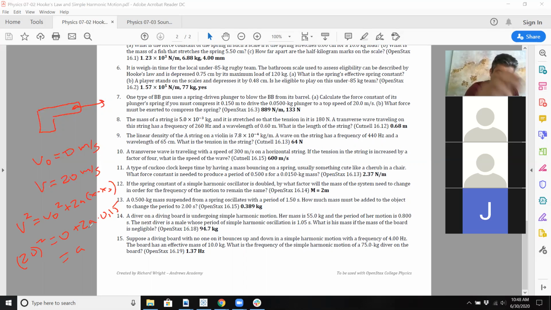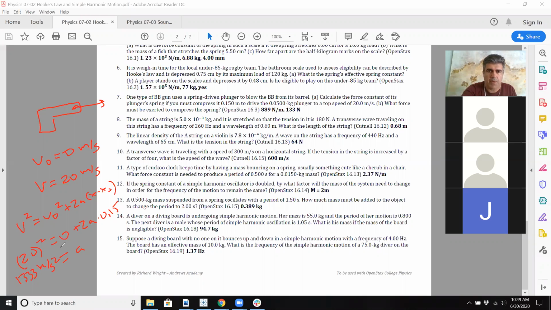So 20 squared is 20 times 20, which is 400, divided by 2 and divided by 0.15. So acceleration is pretty darn fast, which would make sense if you're shooting a gun, right? You expect that to happen.